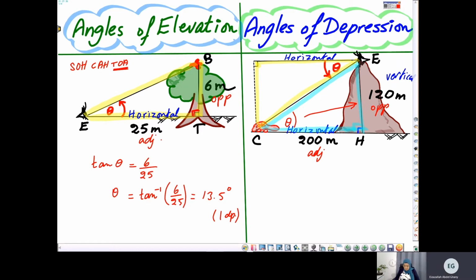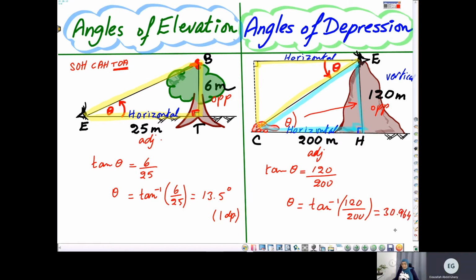So now you are dealing with SOH, CAH or TOA? TOA. So you'll write that tan theta equals opposite over adjacent. Now we need to find theta, so tan inverse opposite over adjacent. Shift tan 120 over 200 equals 30.964.